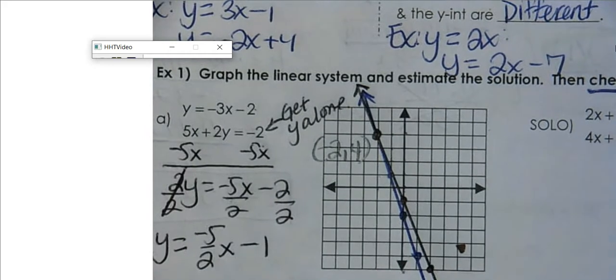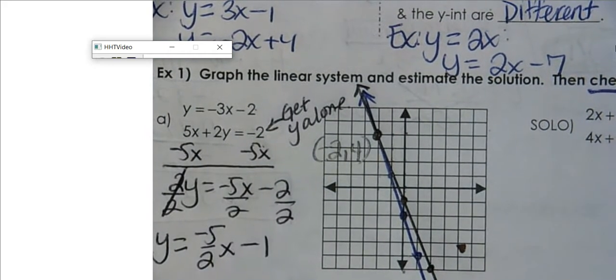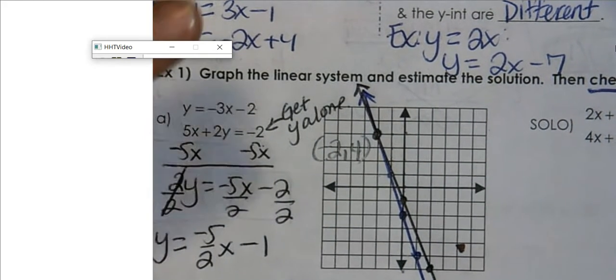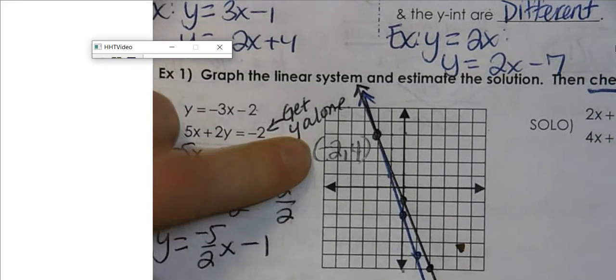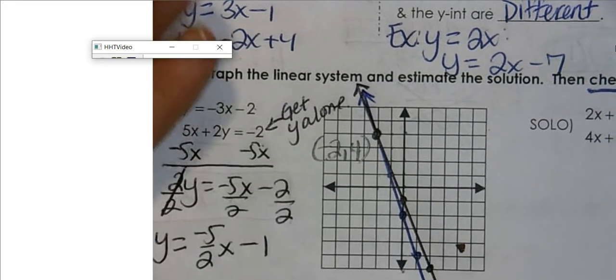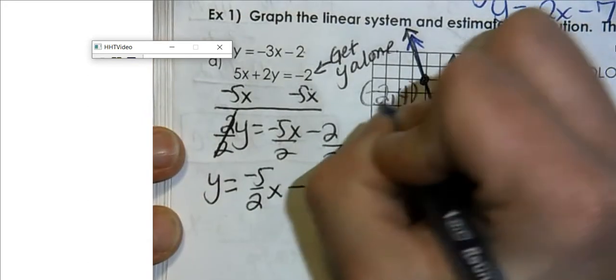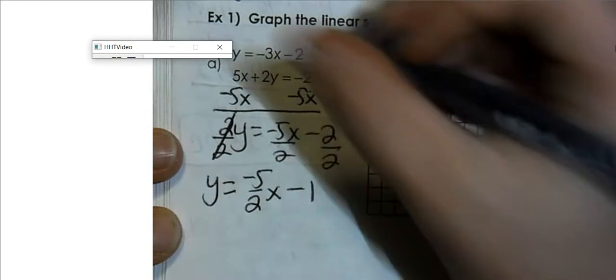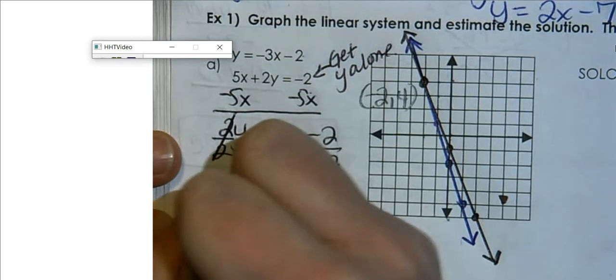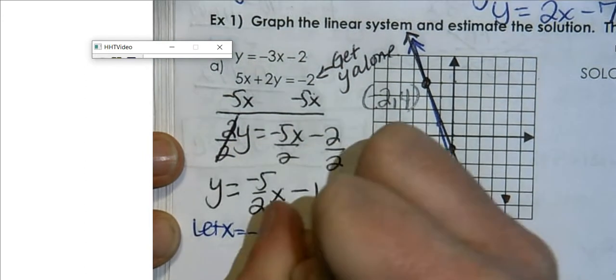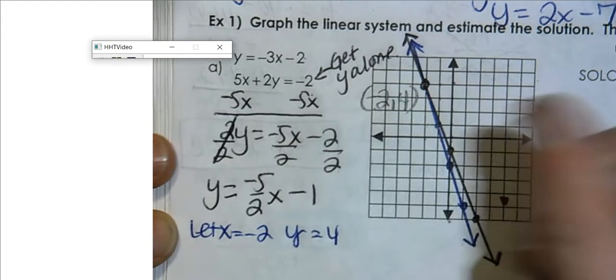So now what I'm going to do is verify that that is indeed the answer by plugging this value directly into both of my equations. So you have to check using both. So I'm going to check negative 2, 4. That means I'm going to let x equal negative 2, and I'm going to let y equal 4 into both equations.